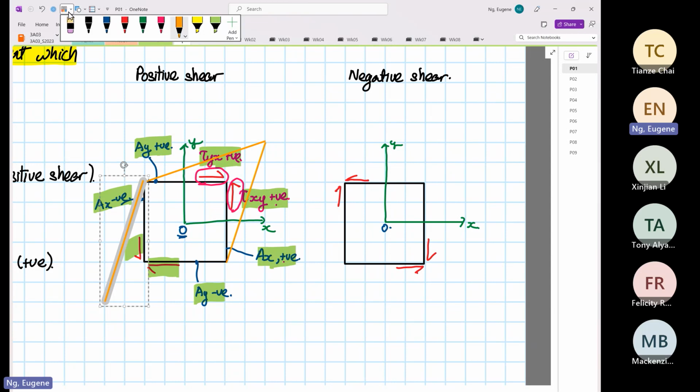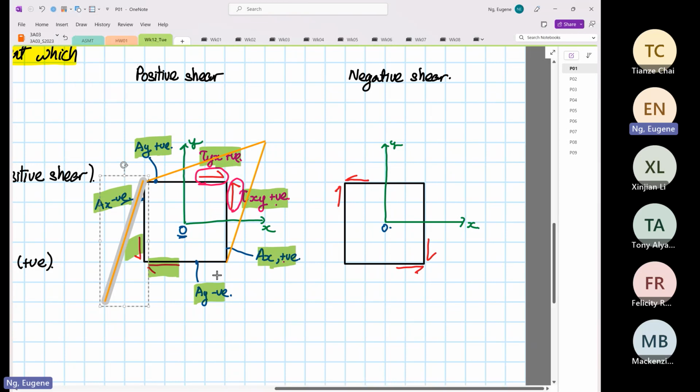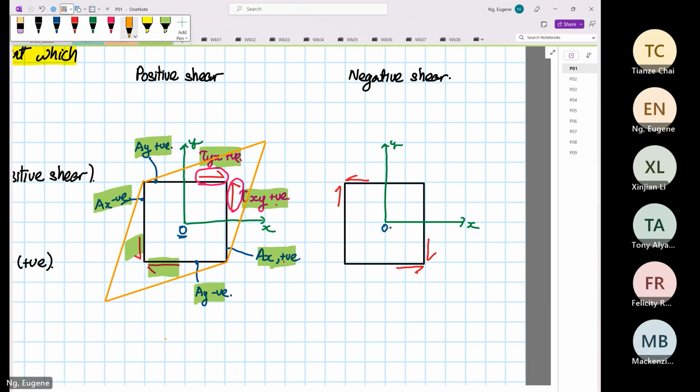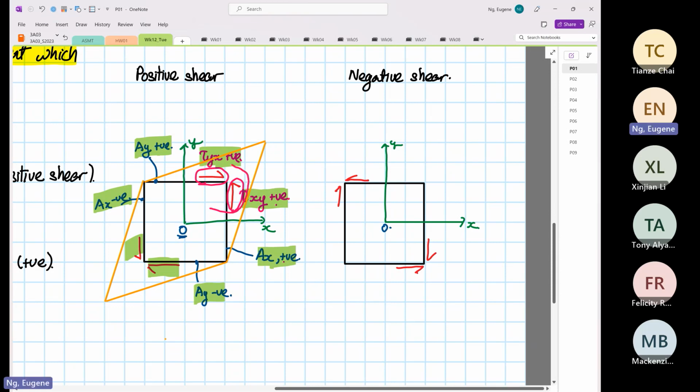So this is the deformation pattern for positive shear. Now, how do we get the deformation pattern? If you look at the stresses over here, and then you pinch this corner, I'm highlighting in red now, it's stretched in that direction. So this is the deformation pattern for positive shear.